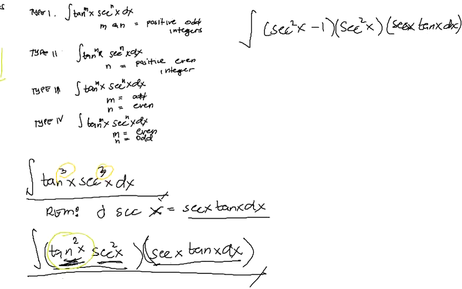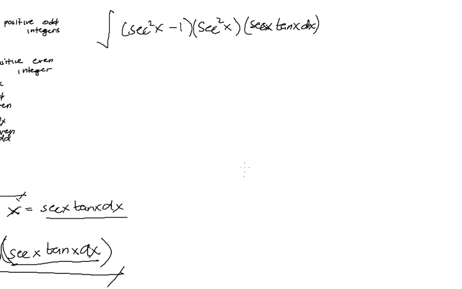After that, we can simplify this by distributing the secant square to this term.